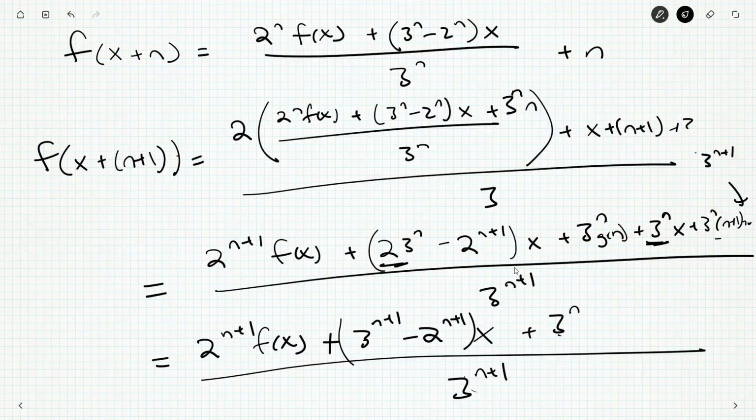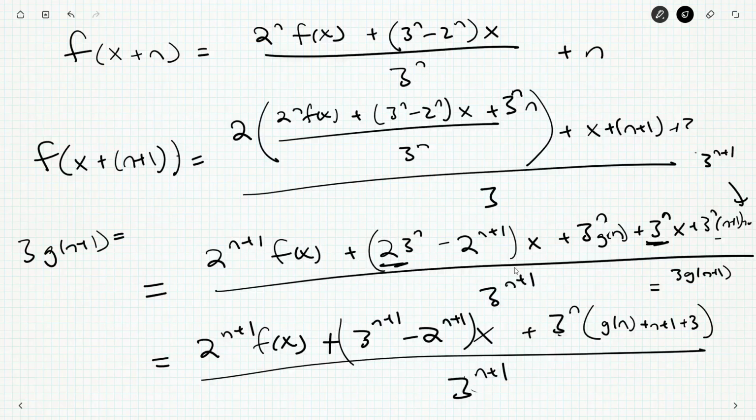So I need g of n plus n plus 1 plus 3, and that needs to be equal to 3 times g of n plus 1. Right? Yes. So 3 g of n plus 1 is equal to g of n plus n plus 4.